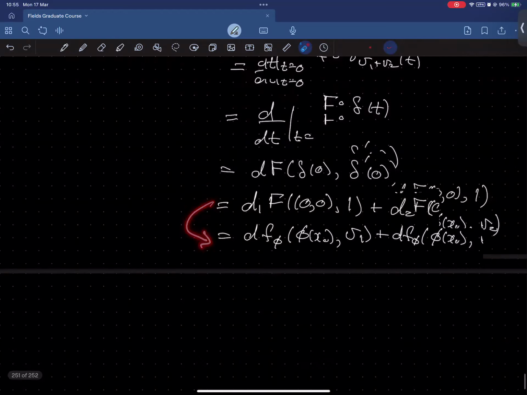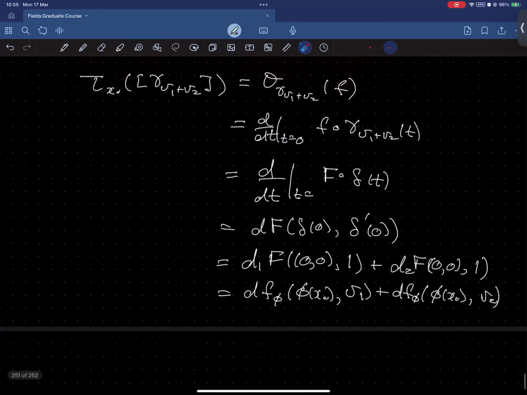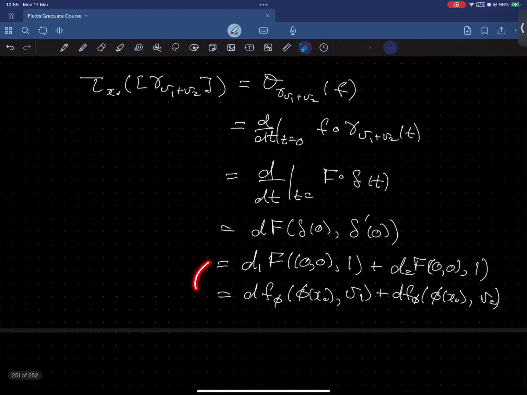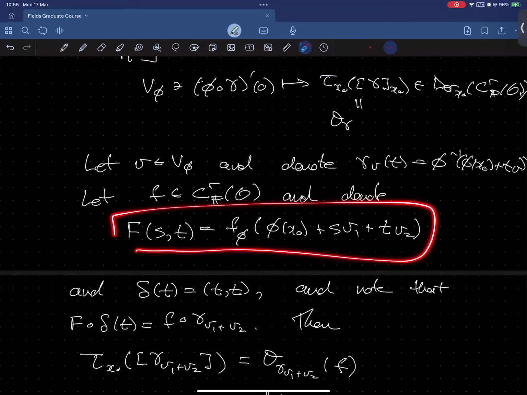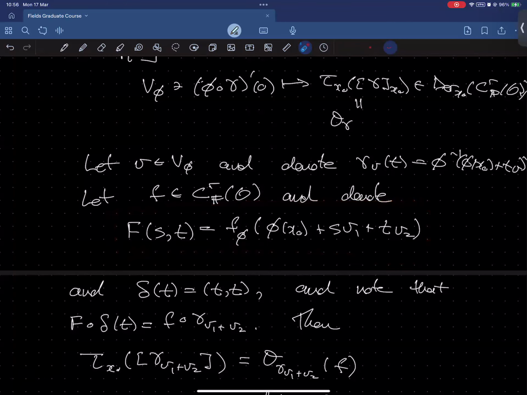The symbols look more mysterious than they are, because I don't have everything on the screen at once, but the transition from here to here is just a straightforward application of this formula, and you calculate its derivative using the partial derivatives.